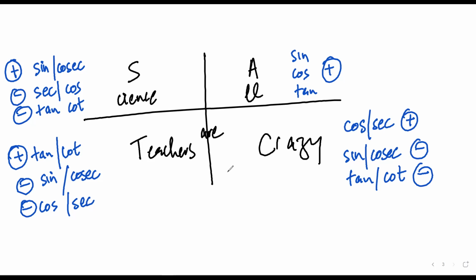So all that you need to remember is, for example, they'll ask you, let me do a few examples. For example, they'll ask you 245 degrees, or they'll ask you 325 degrees.